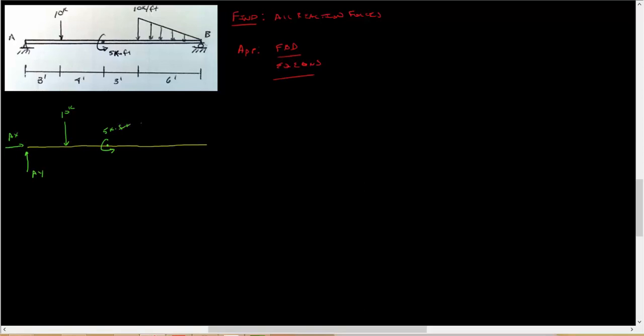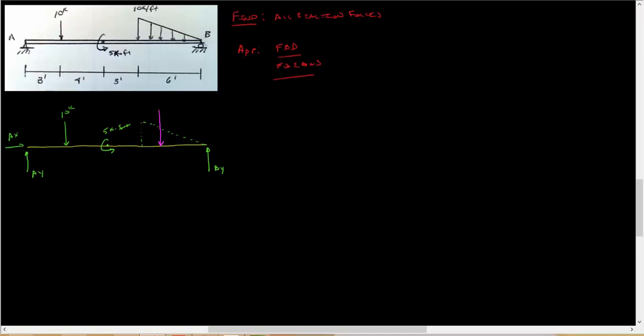I'm just going to dash this in, but then I'm going to put my point load in here. And that's going to be my point load. And then I'm going to draw my reaction force at BY. It's just BY because it's a roller, so it's only holding it in the Y direction.